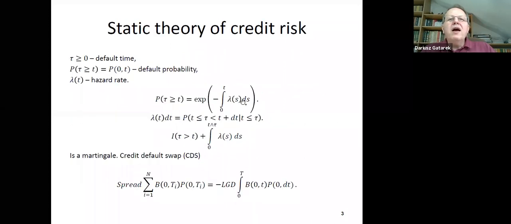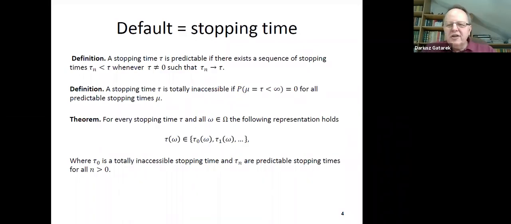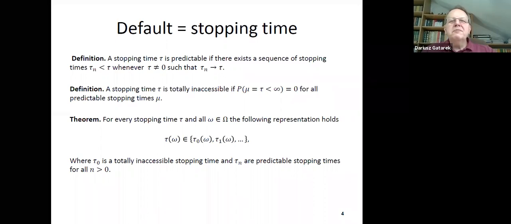Okay, so after that elementary mathematics, say analysis 1 or secondary school, let's jump to the second half of the 20th century and use the modern theory of stopping times.